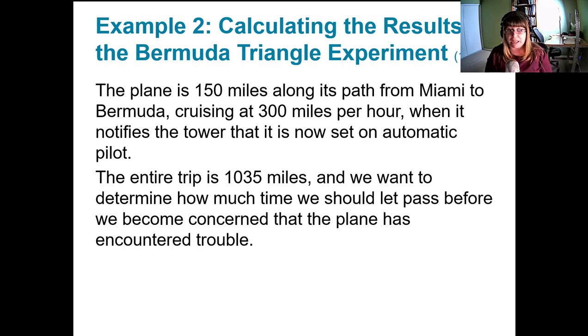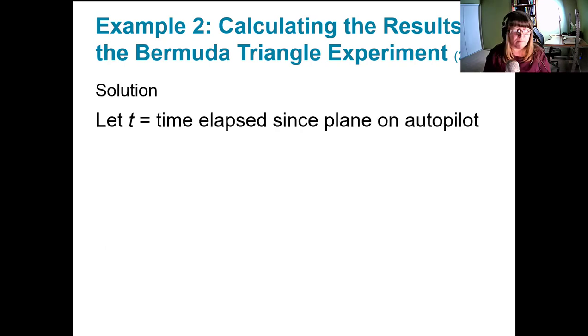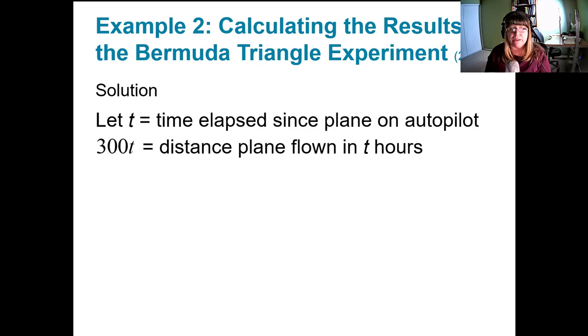We want to determine how much time we should let pass before we, let's say we're the tower, become concerned that the plane has encountered trouble. Let t be the time elapsed since the plane is on autopilot. Well, then 300, that's the speed at which the plane is flying.